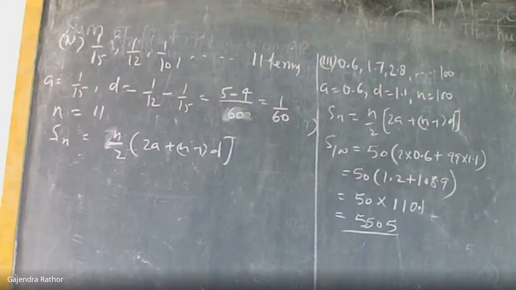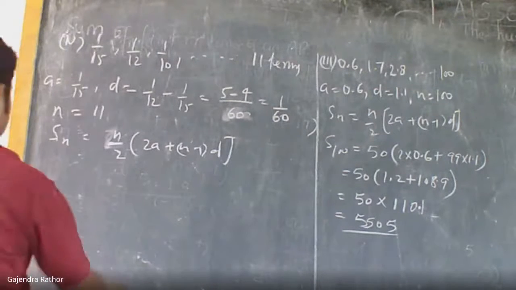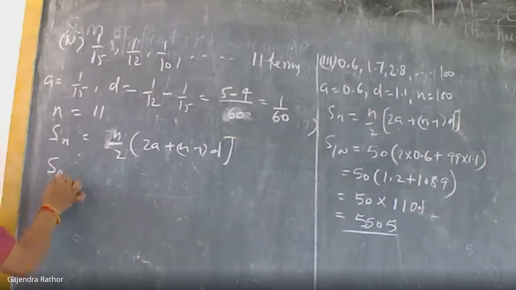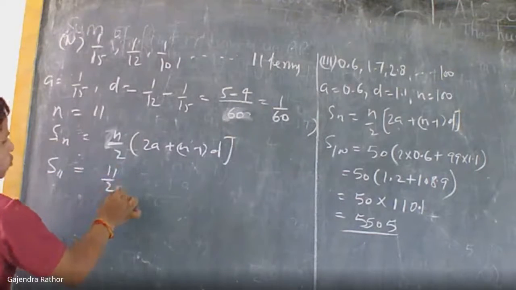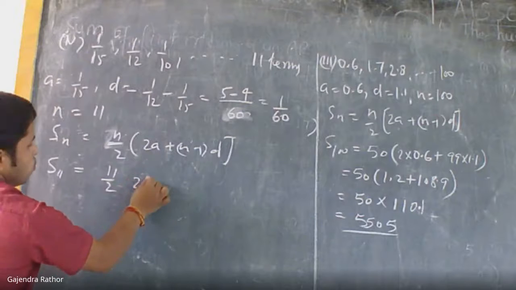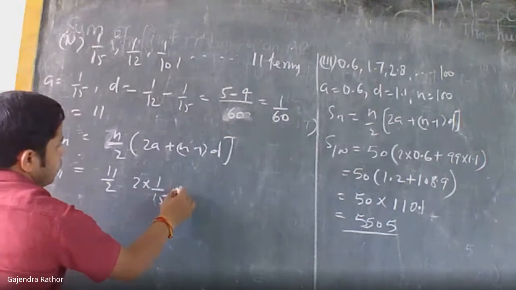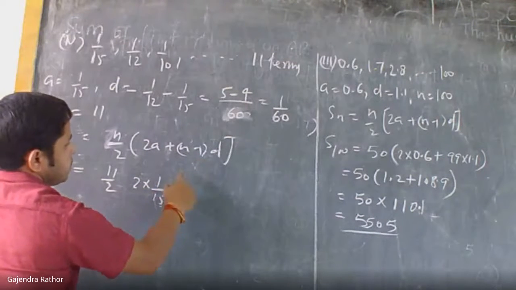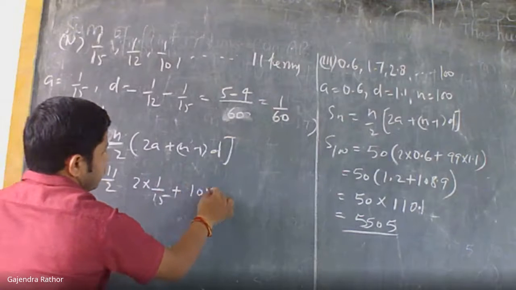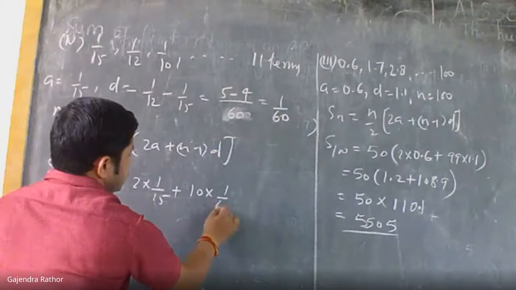13 by 20 means the answer is coming in fraction. Okay. Now let's check. Sn means S11 is equal to 11 by 2 into 2 multiplied by 1 by 15 plus n minus 1, which is 11 minus 1, 10, multiplied by the common difference 1 by 60.